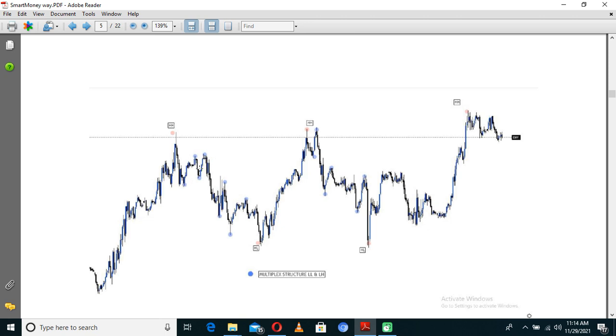Here you can see the market come with lower highs and lower lows. Then when it comes to the higher time frame trend, it has to respect the higher time frame trend and go through with higher highs and higher lows.